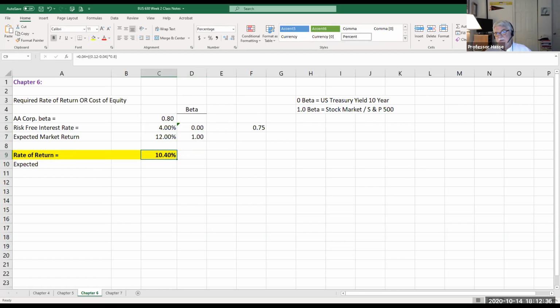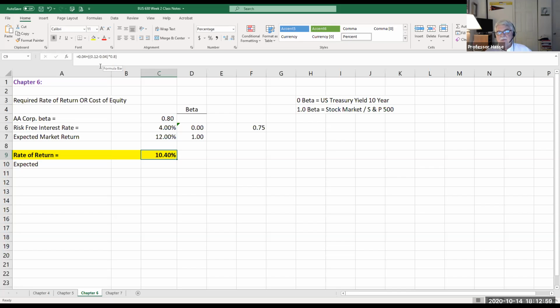Well, the capital asset pricing model, and we're going to look at a little quick video on this in just a minute, takes that risk-free rate, 4%, and adds it to the difference between the market return and the risk-free rate, 12% minus 4%. That is also called the market premium.